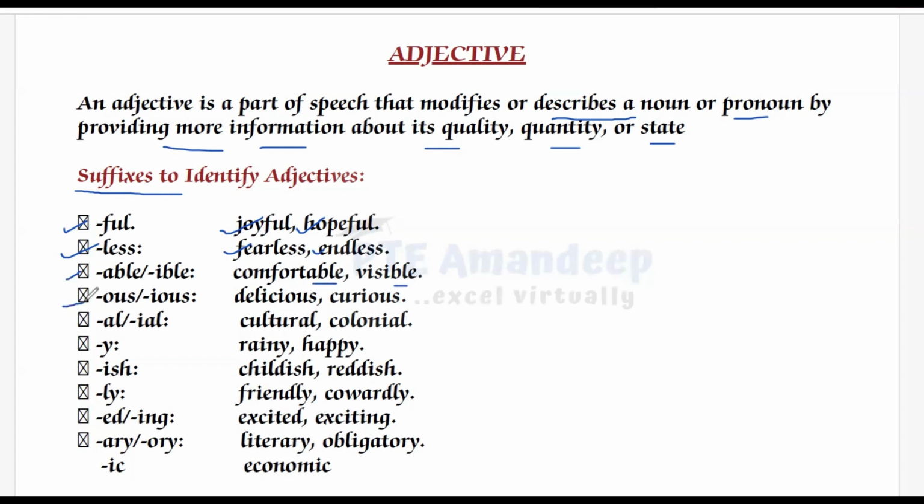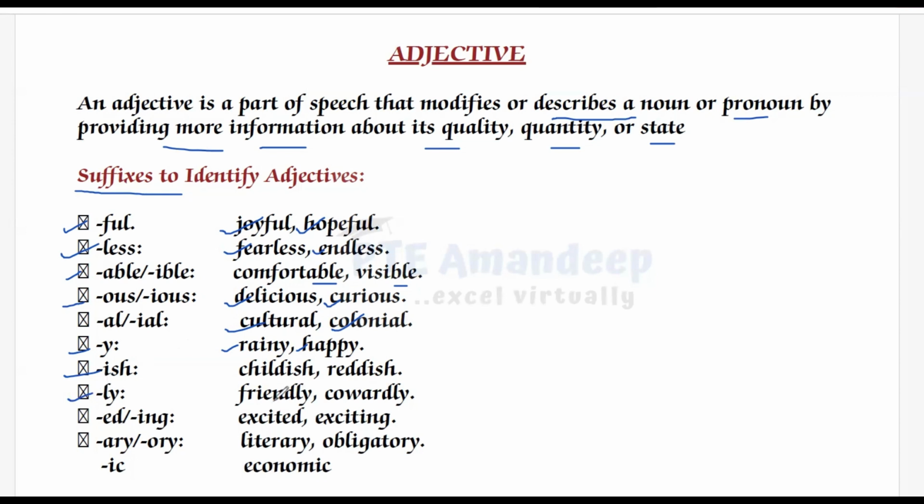Similarly, the word ending with ous, ious: delicious, curious. Al, ial: cultural, colonial. Word ending with y: rainy, happy. Ish: childish, reddish. Ly: friendly, cowardly.